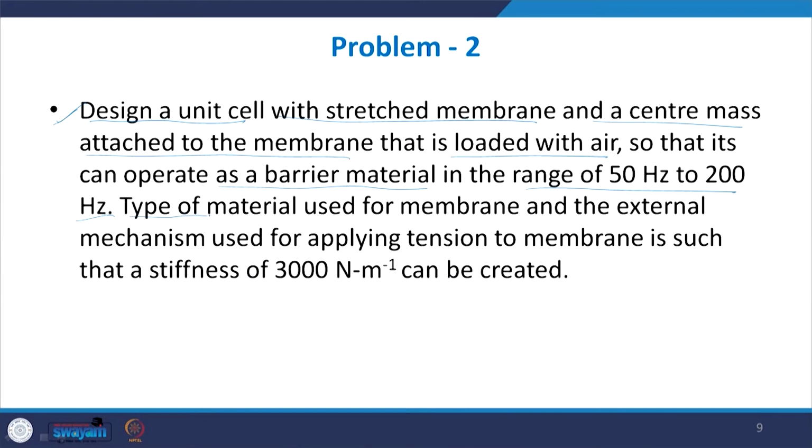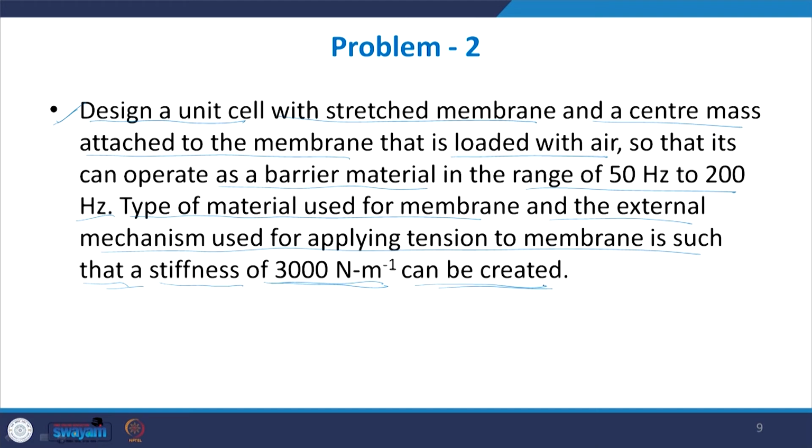The type of material used for the membrane and the external mechanism used for applying tension to the membrane are such that, based on what type of material is used and how much applied tension it can withstand, it is given that a total stiffness of 3000 newtons per meter can be created.